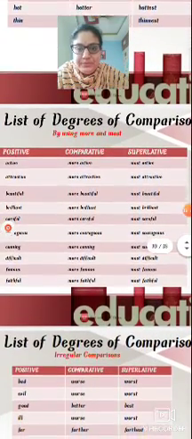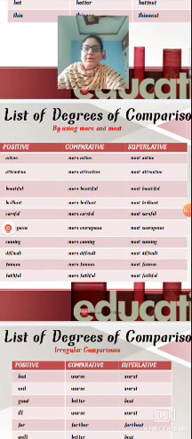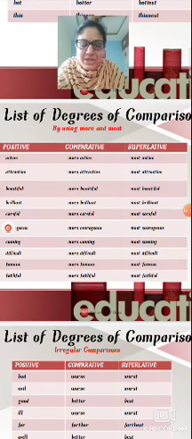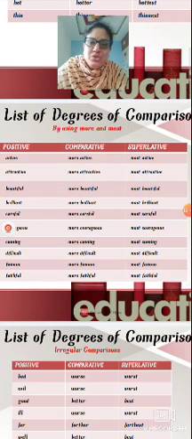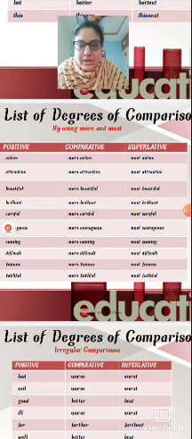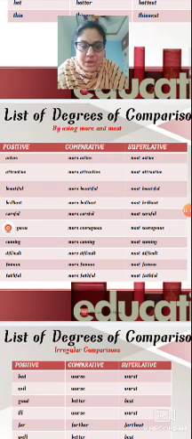Next, degrees of comparison using more and most. Very important in the comparative degree and also in the superlative degree. Many students get confused between more and most. So the positive, comparative and superlative.